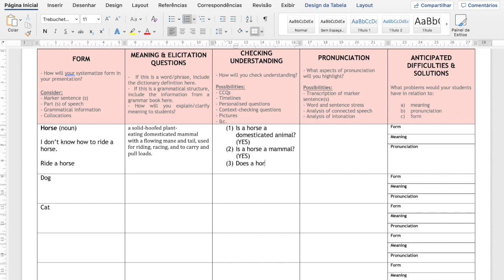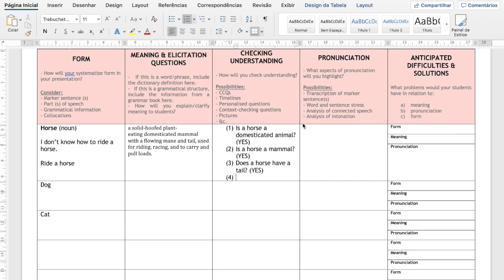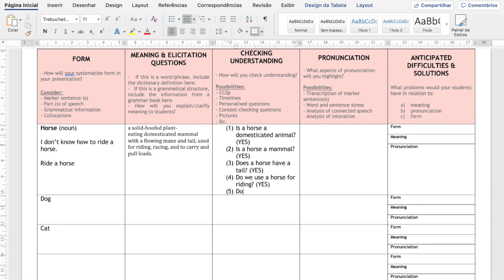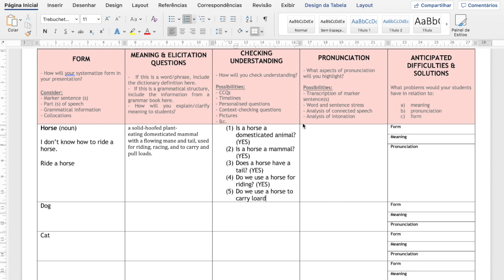Does a horse have a tail? That's another possible CCQ. Do we use a horse for riding? That's another possible CCQ. Do we use a horse to carry loads? And that's another possible CCQ.